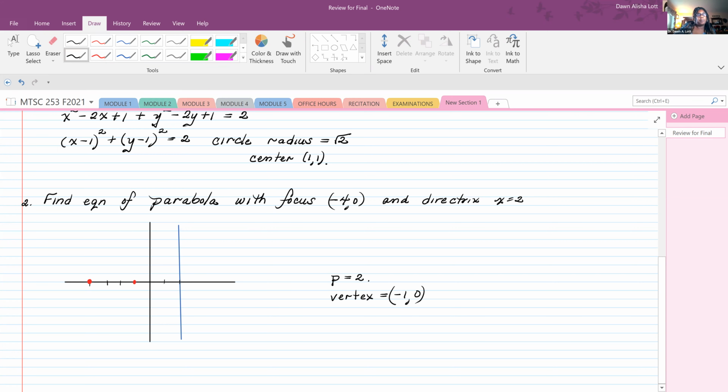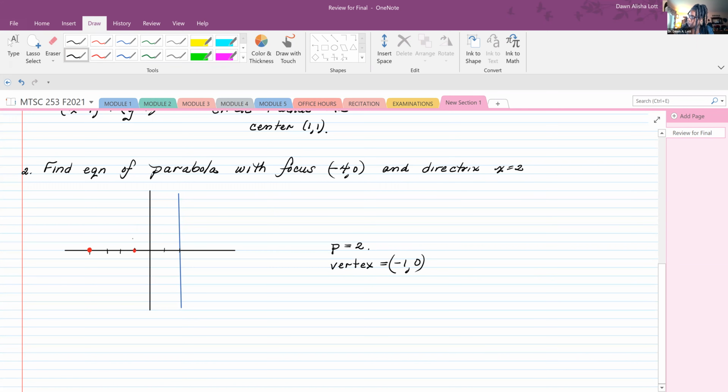And the equation of the parabola is x is equal to y squared over 4p. And in this case, it would be minus because it's going in this direction. So therefore, it's x is equal to minus y squared over 4, and p was 2.